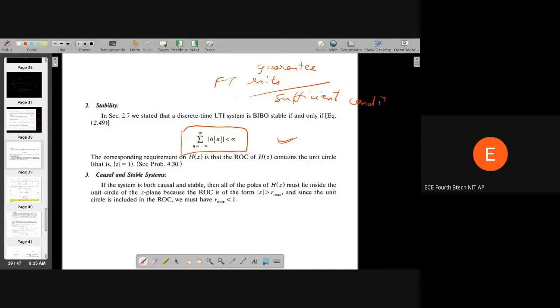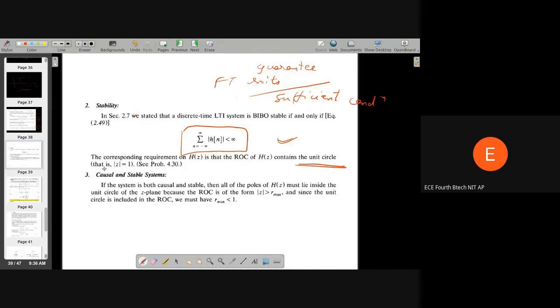Even if it is not followed, the Fourier transform can exist, for example, sine and cosine, even those. But it's a sufficient condition, and the Fourier transform will exist. And what does that mean? That the ROC will contain the unit circle.